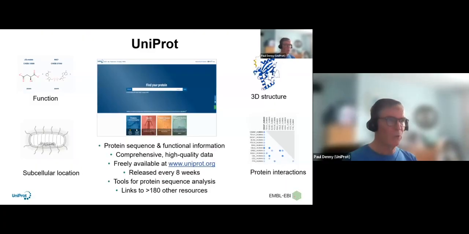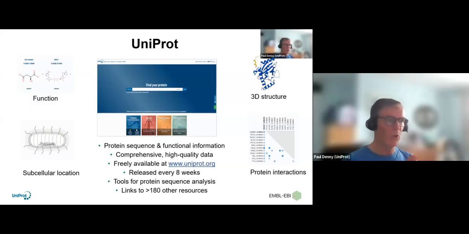So getting back to an introduction to UniProt itself, as I've already said, it includes sequence and function information. It's comprehensive, it's of a very high quality, freely available, and we aim to release an update to the data every 8 weeks. Some of these deadlines are not cast in stone.